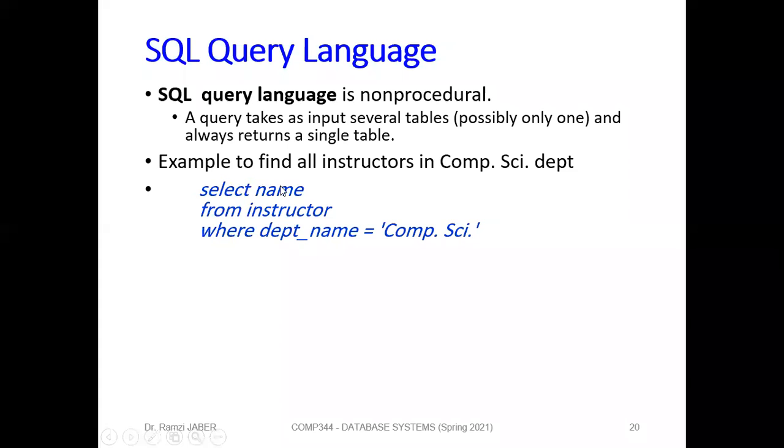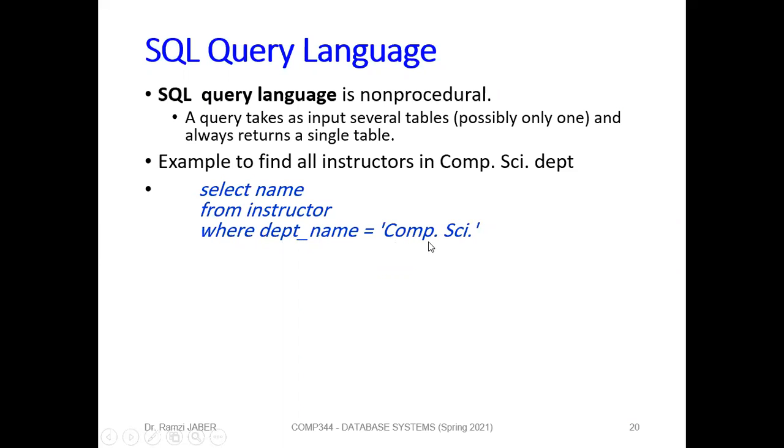So select column from table: select name, the column or attribute name, from the table called instructor. If we do it like this, only these two lines will show us the whole table. We can put a condition here: where space, and you can put anything you want, where department name equals 'computer science' in single quotes.